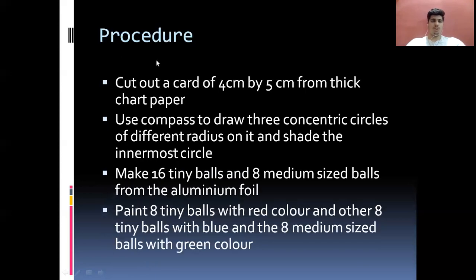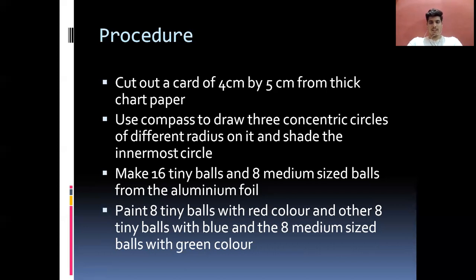Then the procedure. Cut out a card of 5 centimeters by 4 centimeters from a thick chart paper, 5 by 4, length into breadth. That's it, a rectangle. Then use the compass to draw 3 concentric circles of different radius on it and shade the innermost circle.